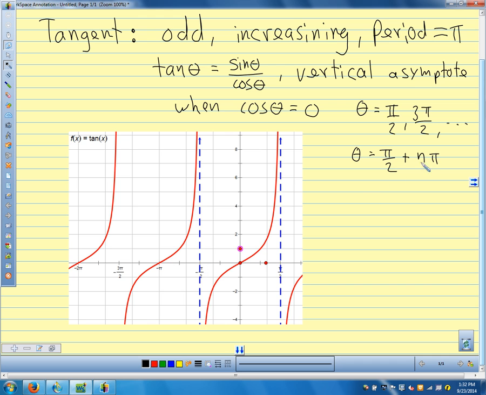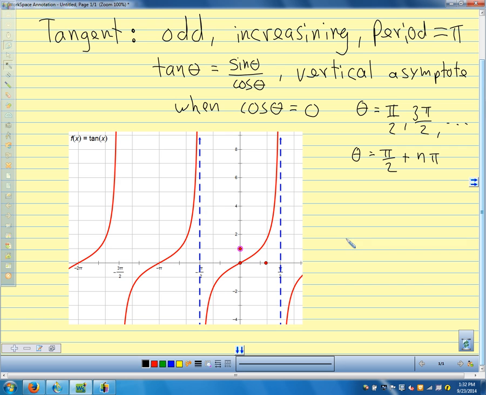So that would be pi over 2 minus pi. And a positive pi over 2. So there are two asymptotes. My function is increasing. Goes uphill from left to right. It's odd, so it's symmetric about the origin. And it repeats every pi units.